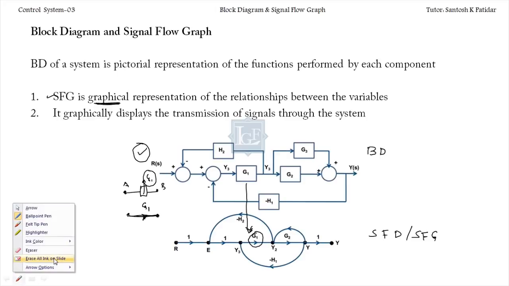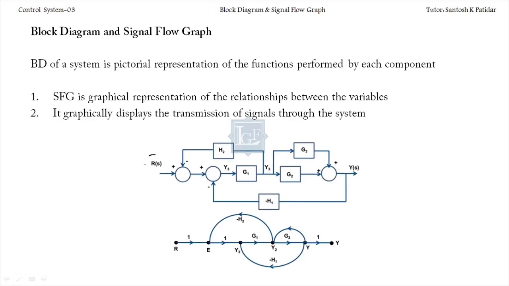You can see the same system, we apply input R(s). Over here also it's R(s), the input node, and we get Y(s). Suppose this is node 1 and this is node 2. Between 1 and 2 we have G1, then we have G2, and this is the summing point, and we get Y(s).